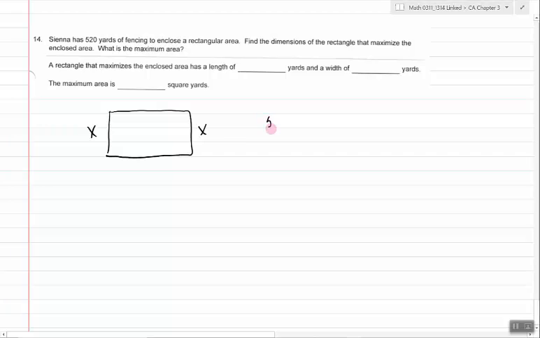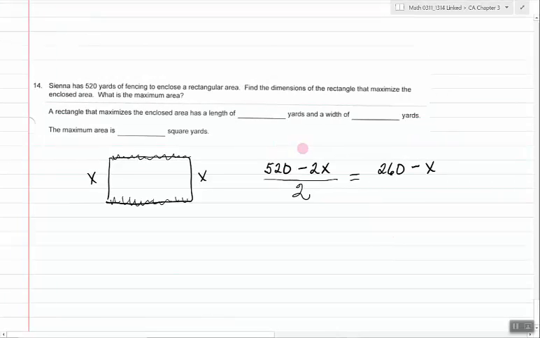Okay, 520 minus those two X's will give me what I have to put here and here, because I don't have a river. So for one of those sides, I need to divide it by 2. That gives me 260 minus X. 2 goes into 520 260 times, 2 goes into 2x, x times.